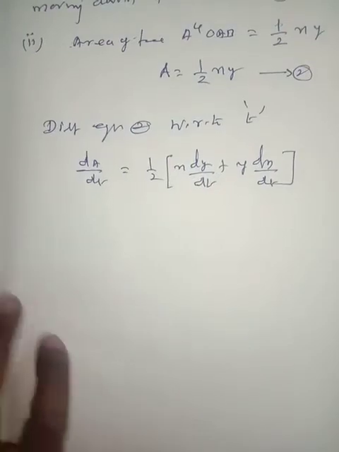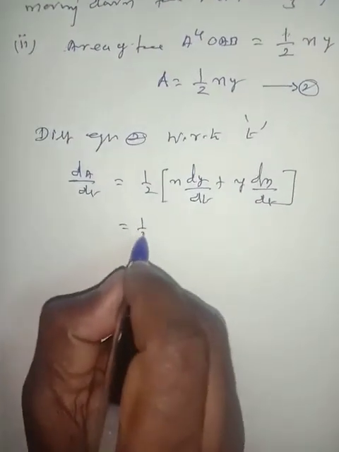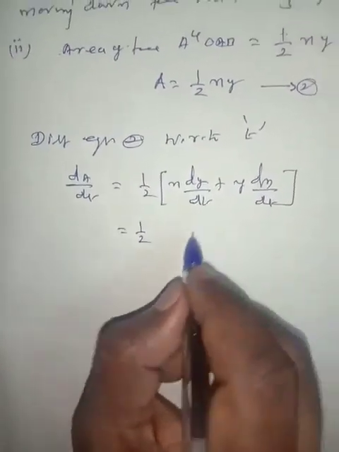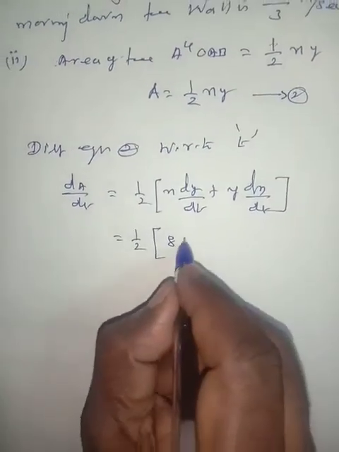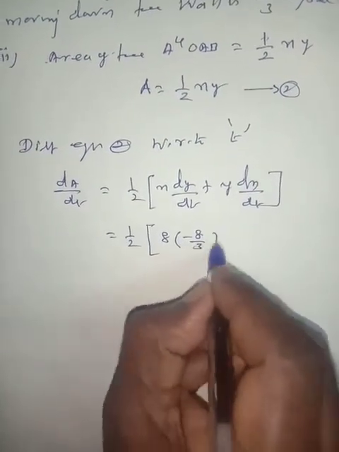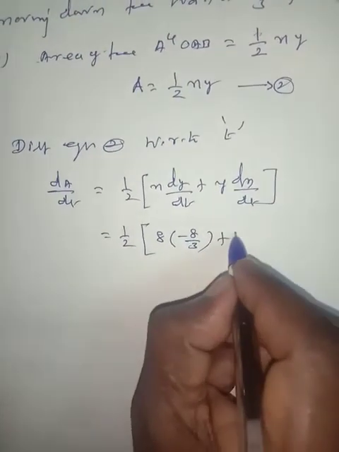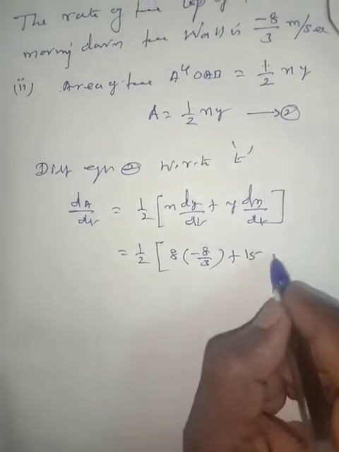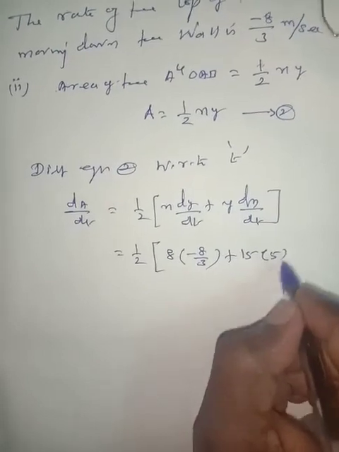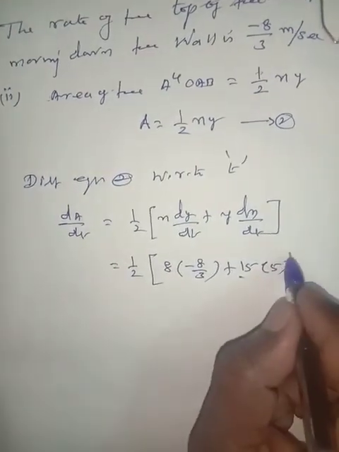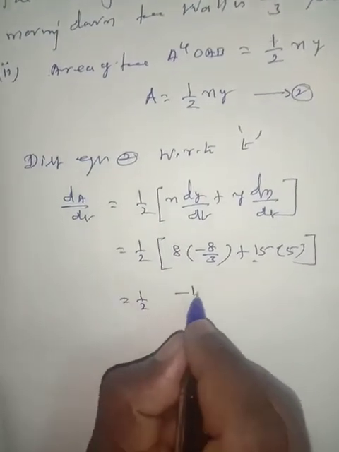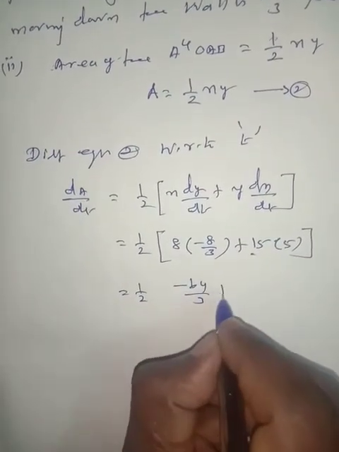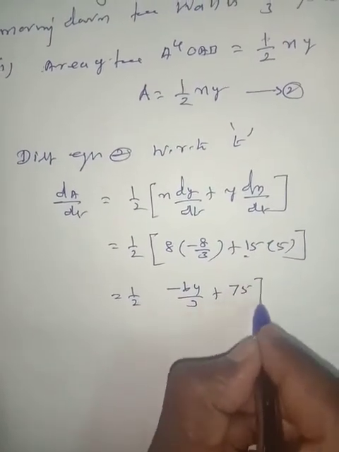Now half into x is 8, into minus 8 by 3, plus y is 15, dx by dt is 5. This is equal to 1 by 2 into minus 64 by 3 plus 75.